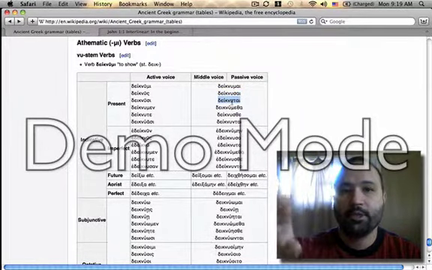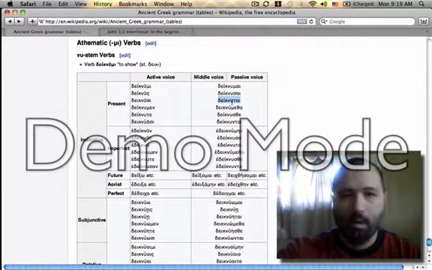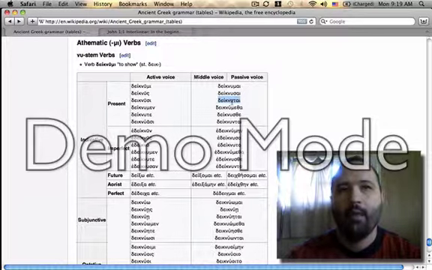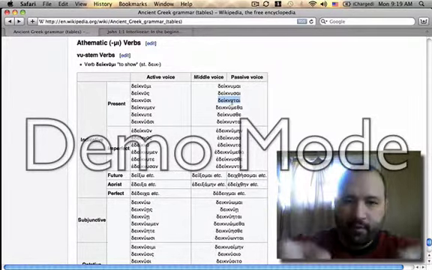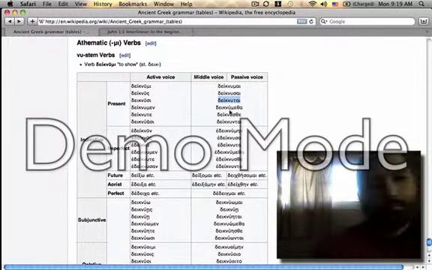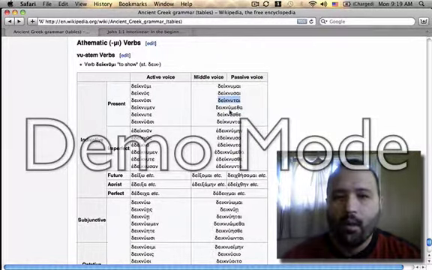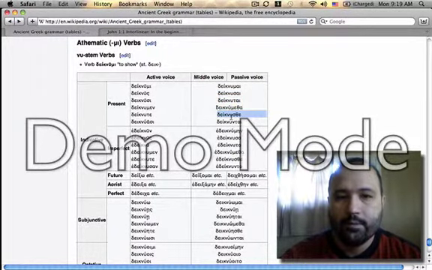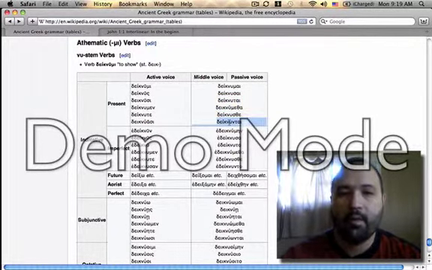Deiknutai, he is being shown, she is being shown, it is being shown to something. The action, basically, is now being put on me in the verb form. Deiknumetha, we are being shown. Deiknusthe, you, plural, are being shown. Deiknuntai, they are being shown.